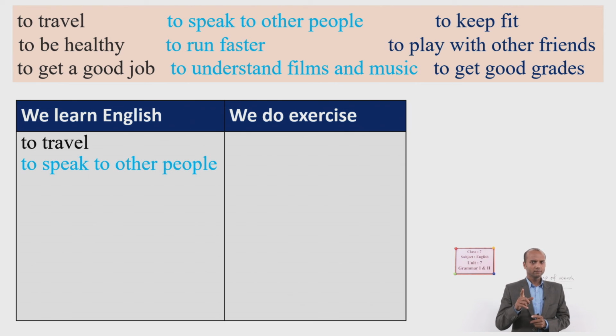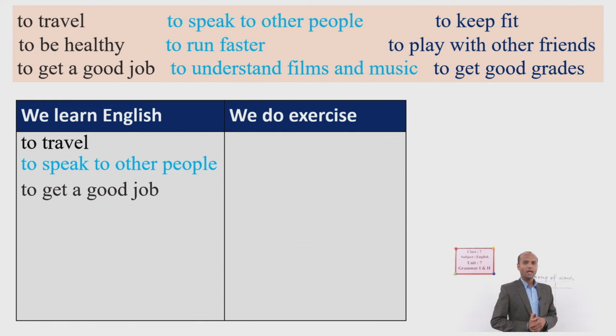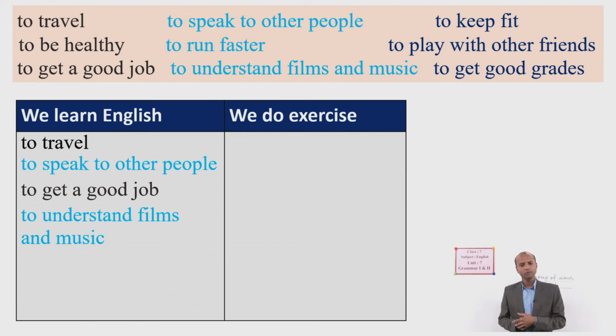To keep fit, definitely not. Good. To be healthy, no. Very good. To run faster, again not. To play with friends, that's also not. Then yes, to get a good job. If you have strong English, if you learn English, you can get a good job. Look, I speak English and I'm a teacher, so this might be another reason. Next, very good, to understand films and music.